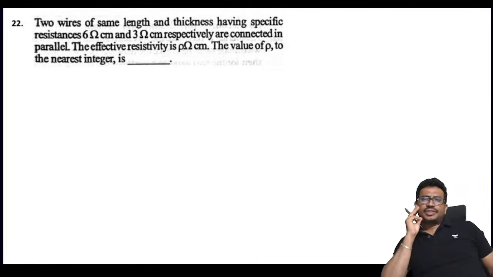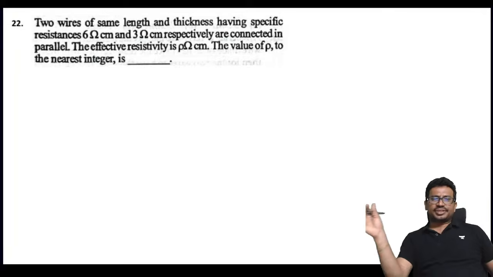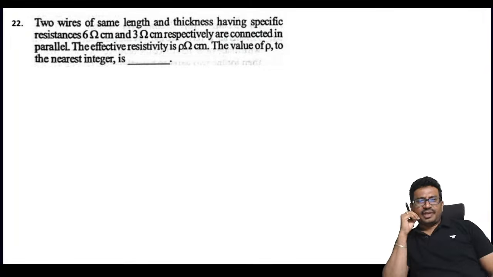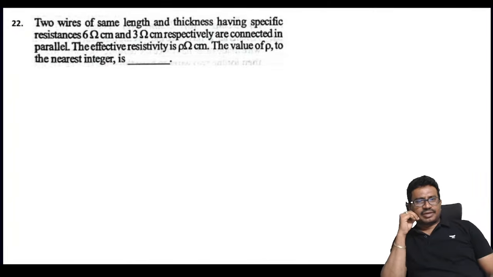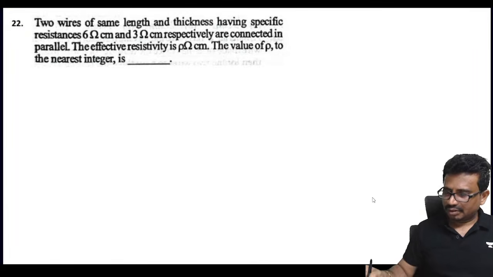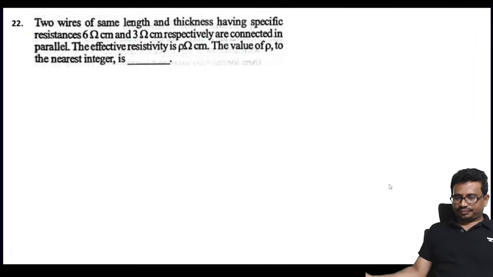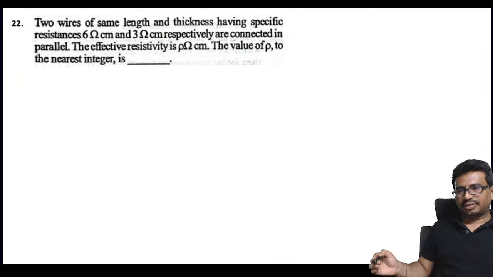Two wires of the same length and thickness having specific resistance 6 and 3 respectively are connected in parallel. The effective resistivity is given as rho. What is the value of rho? Same length, same thickness, connected in parallel.